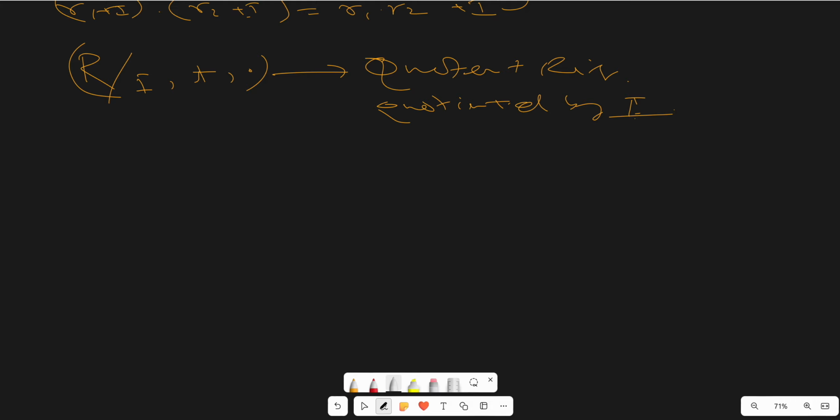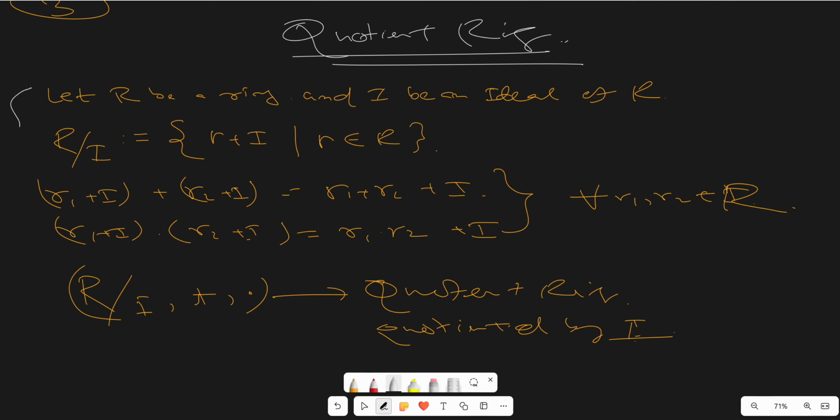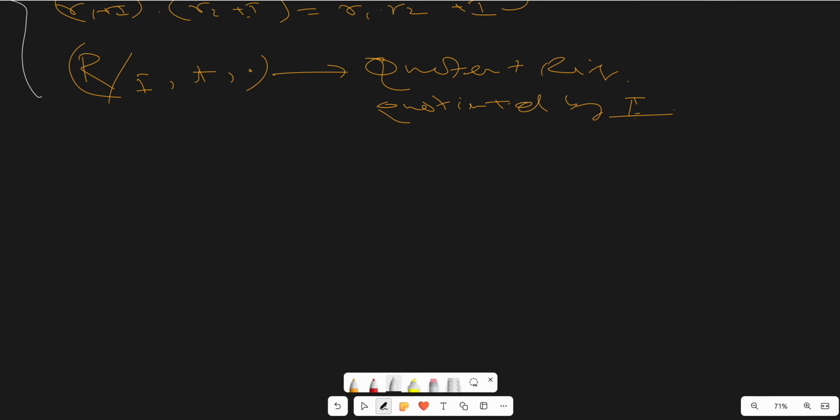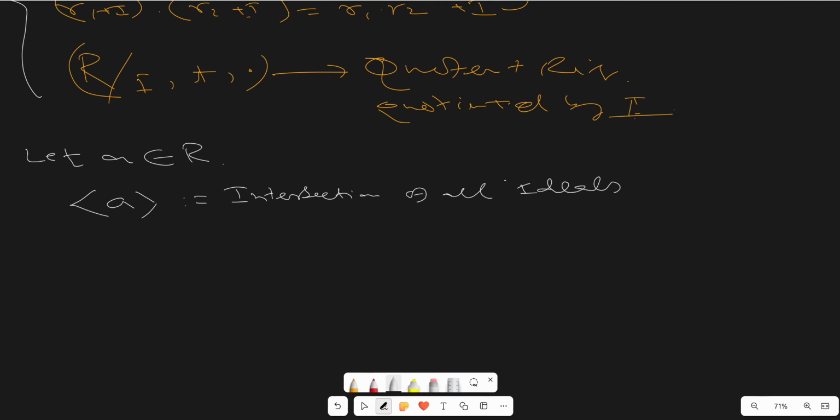Now this is just the definition of quotient ring. Now let a be an element of the ring. So what is the ideal generated by a? This is defined as the intersection of all ideals containing a.